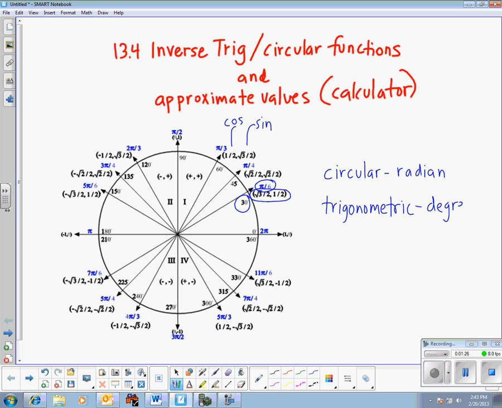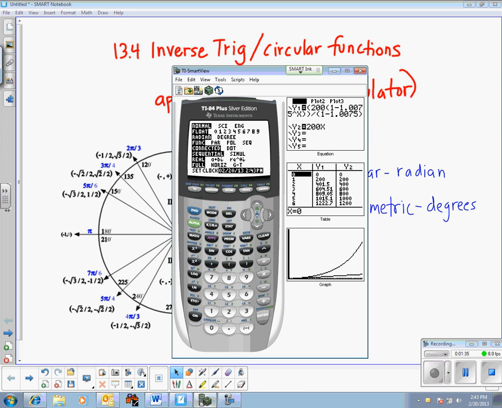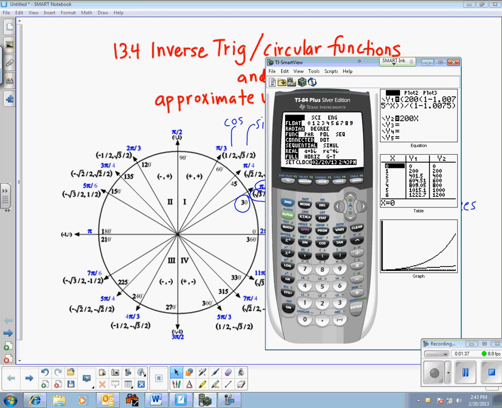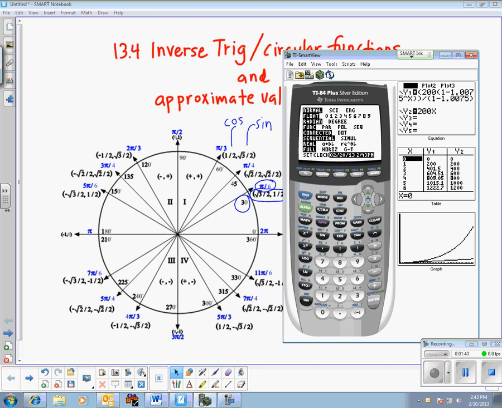That's just our book's terminology. And when we start using our calculator for a lot of this stuff, you need to watch your mode. This is my mode menu right here.